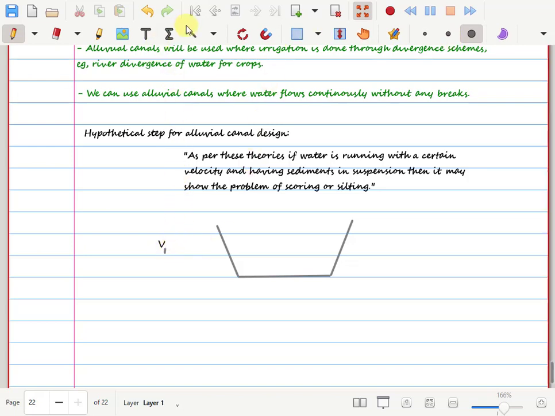The first case can be, let's say, V1, the velocity in the canal, greater than V, or a second velocity that can be less than V. And what is V?